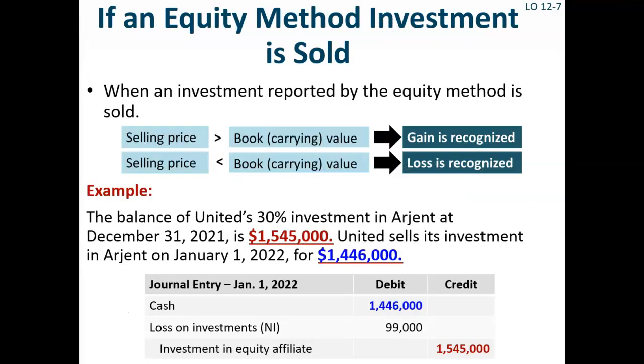So United sold the investment at a $99,000 loss, calculated as the selling price of $1,446,000 minus the account balance of $1,545,000. The journal entry to record the loss is debit cash, $1,446,000, debit loss on investment included in net income, $99,000, credit investment in equity affiliate, $1,545,000.